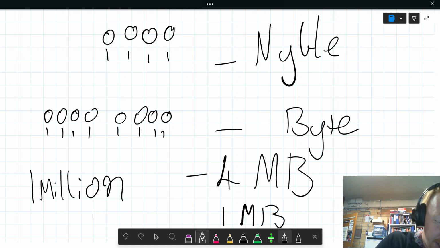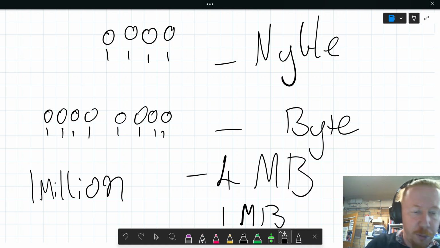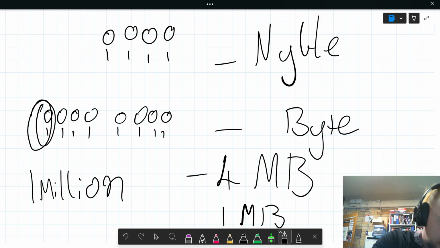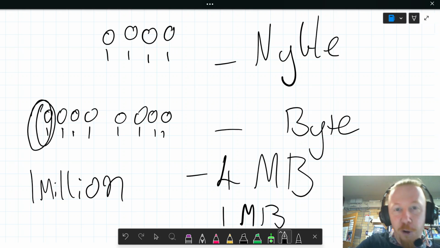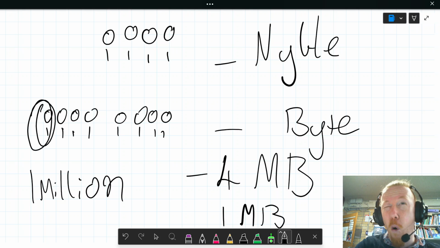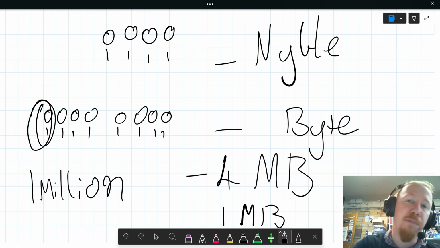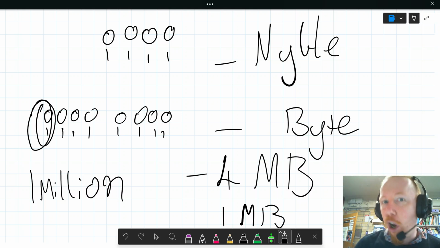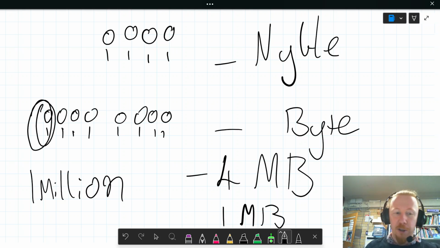It's actually slightly different. It's like 1,000,024, but for now, it is 1 million of these. So if you've got a 4 megabyte photo, you have 4 million bits, 4 million yes or no decisions that make up that photo. It's a lot of yes or no decisions to send a photo of you hitting the griddy.